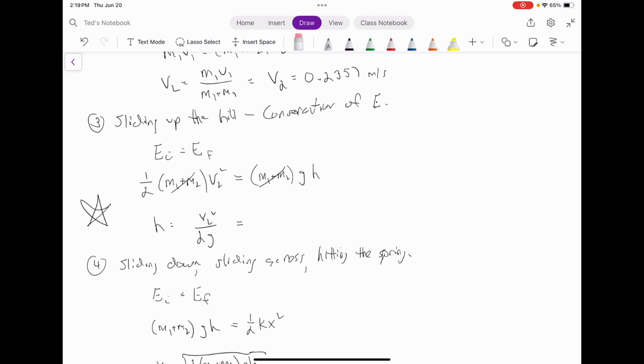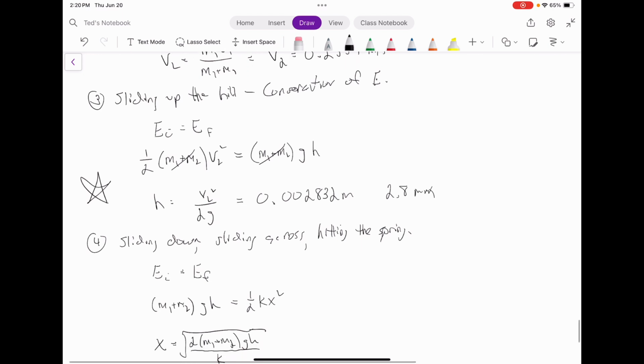So let's find that velocity. 0.2357 squared divided by 2 times 9.81, and we get an actual height of 0.02832 meters, which is actually 2.8 millimeters. So it doesn't go very high up the hill at all.